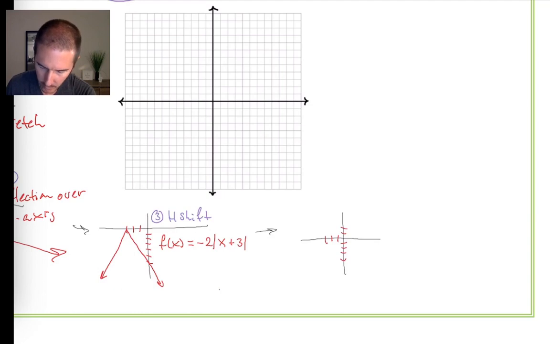Our vertex has moved up 2 units. Our y-intercept has moved up 2 units, so it's crossing the y-axis at -4 now instead of -6. And this is number 4. This is a vertical shift.